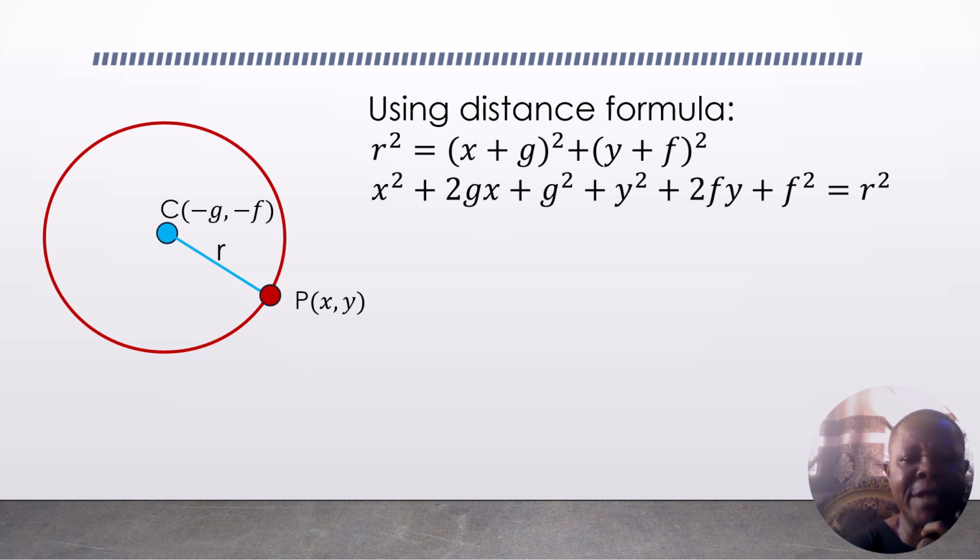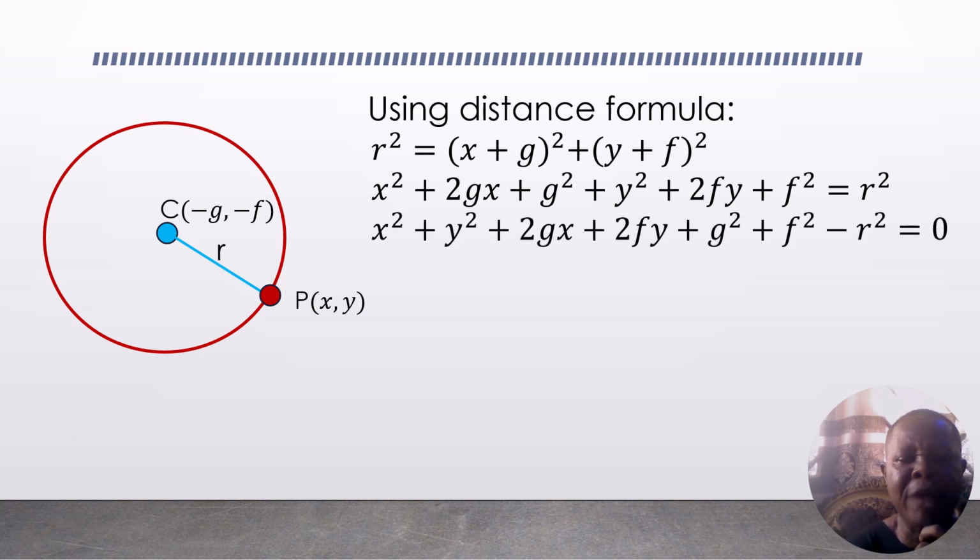We rearrange this as follows: x squared plus y squared plus 2gx plus 2fy plus g squared plus f squared minus r squared equal to 0.